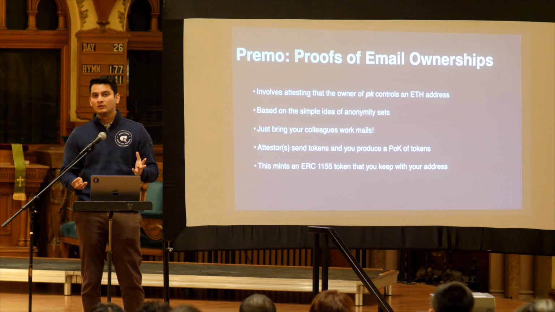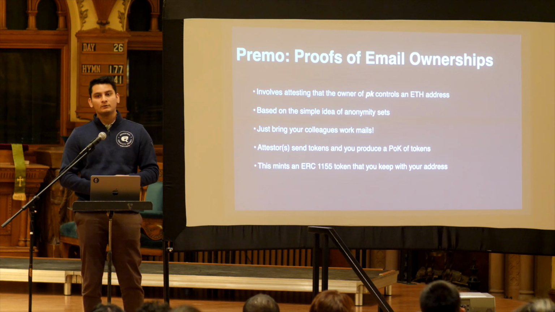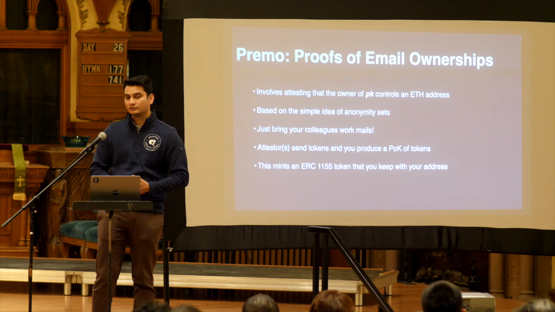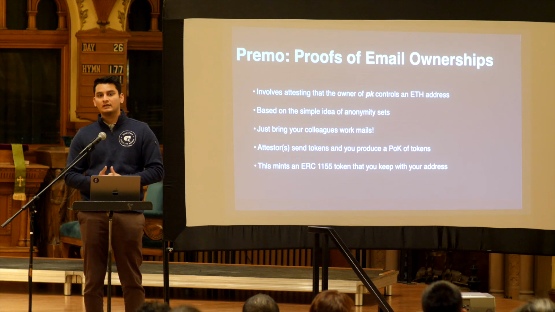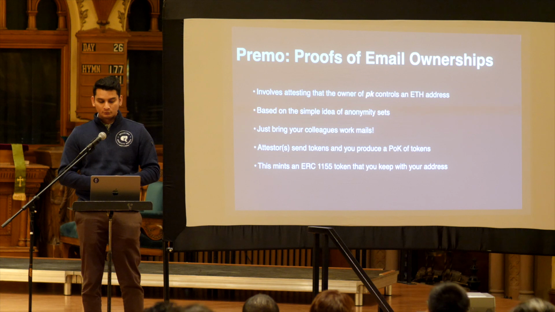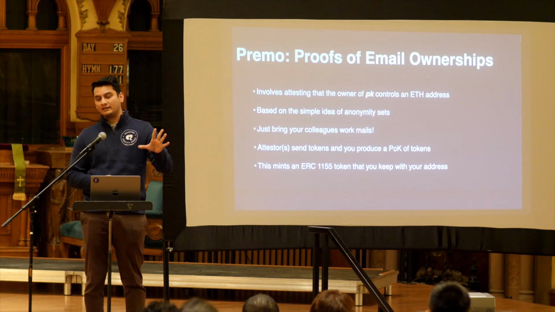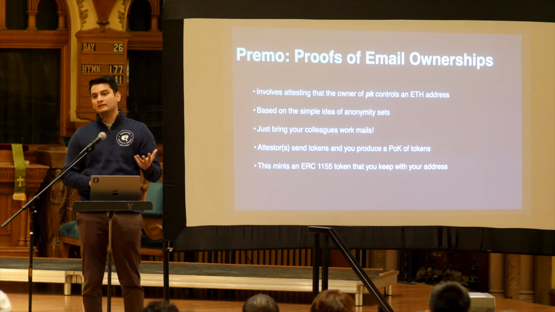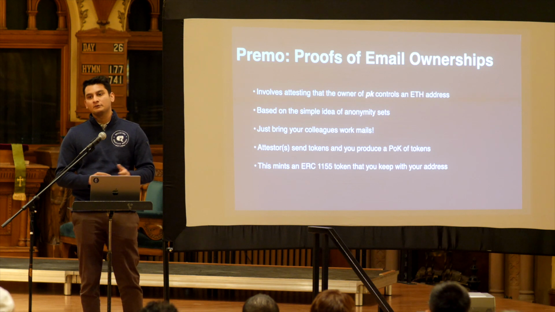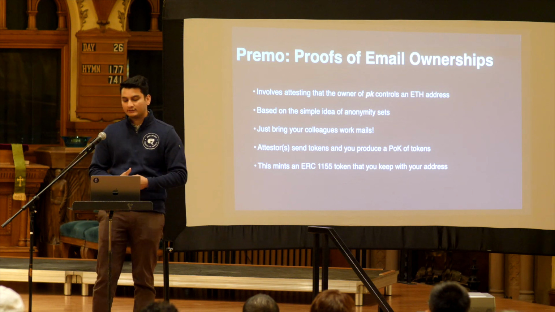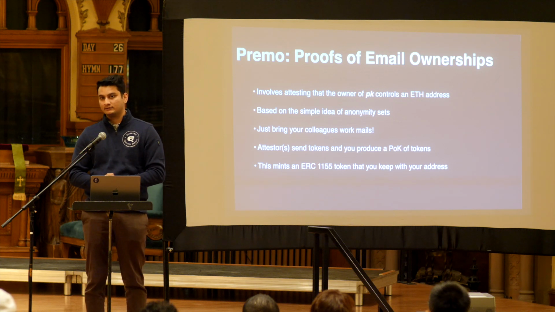You can have multiple such attesters, but we base our cryptography on this two-attester non-collusion assumption, which is that two attesters will not collude and create fake proofs. And then the attesters send challenge tokens to all of these email addresses, and then you can mint an ERC 1155 token based on the knowledge of the things that the attester sends you, right?